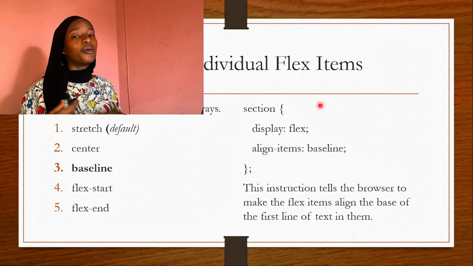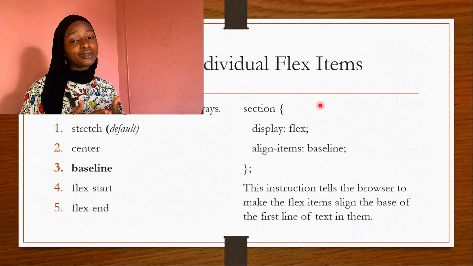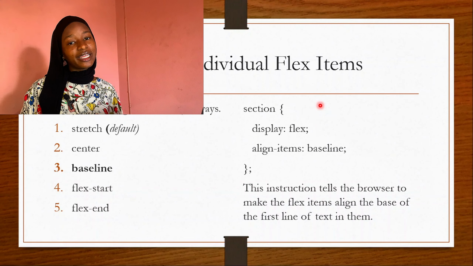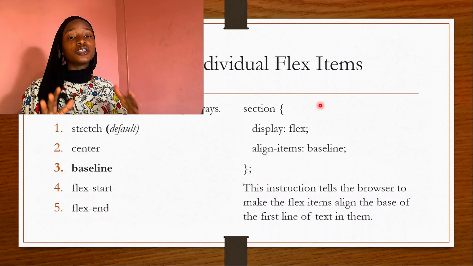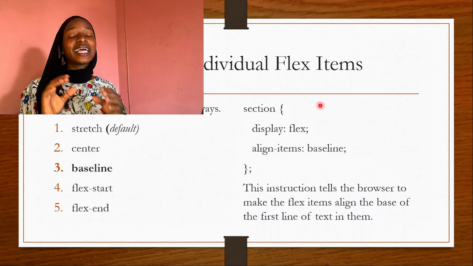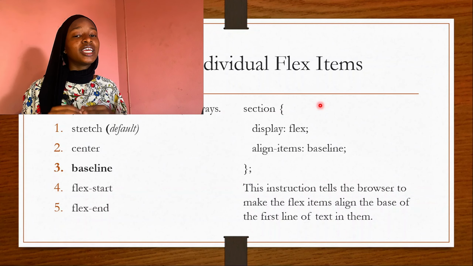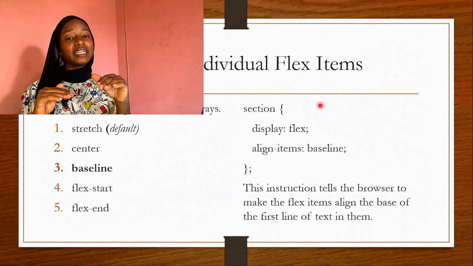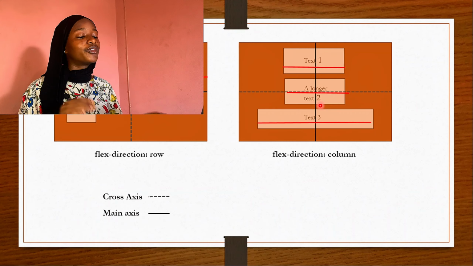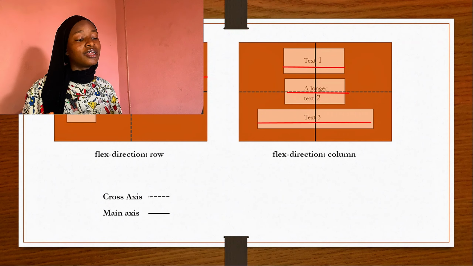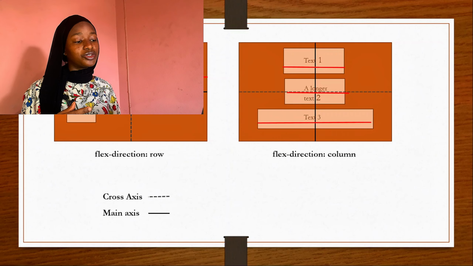Now we have the value for baseline. This instruction tells the browser to make the flex items align the base of the first line of the text in them. Instead of aligning the containers themselves, it aligns the text inside the container. Whenever you put text inside a container, it will have a baseline, which is a line under the text. So for the flex direction of row, this red line is the baseline, and the first line of each text aligns, which means they join together to form a straight line.